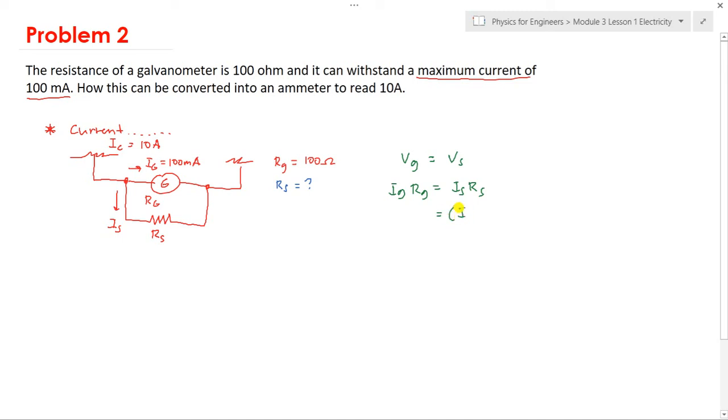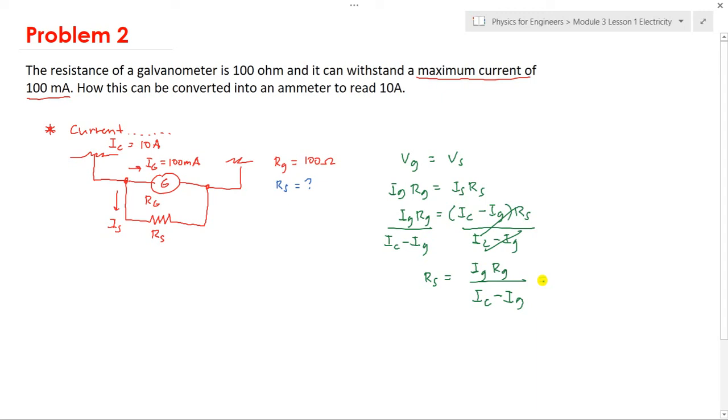But IS is just the difference between the circuit current minus the galvanometer current, times RS. So since naa ra ni RS, we are going to divide both sides by IC minus IG. Cancel ni, so therefore we have RS equals IG RG all over IC minus IG.